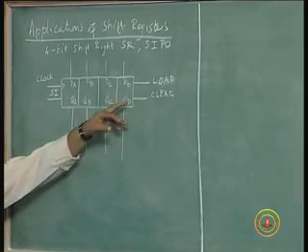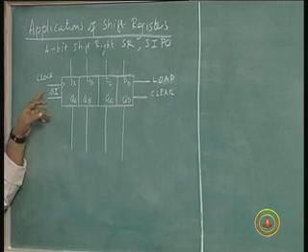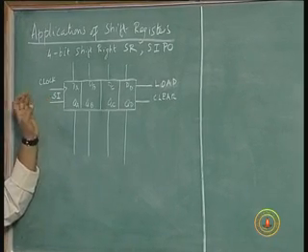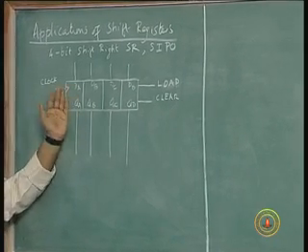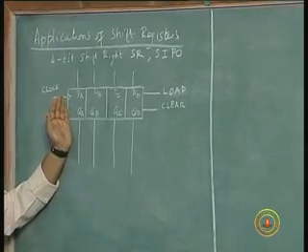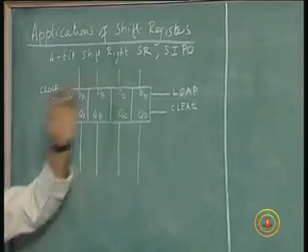Of course, you can clear it later on. Then you clock it. As you clock it, the bits get shifted one position to the right. That is why it is called a shift right register.